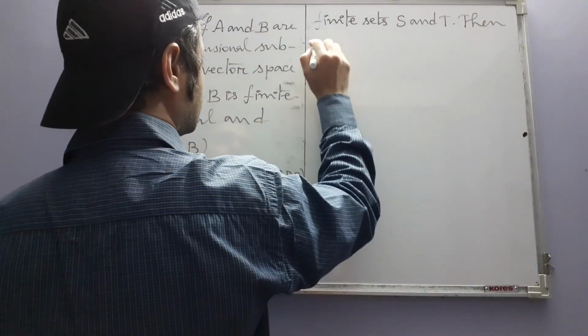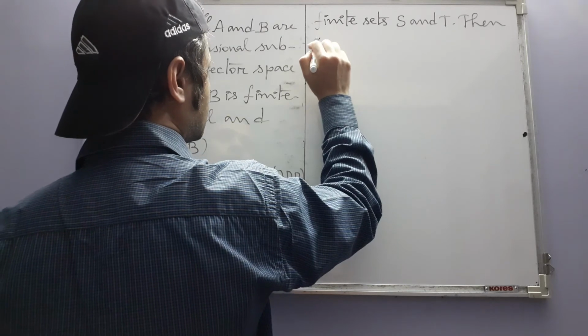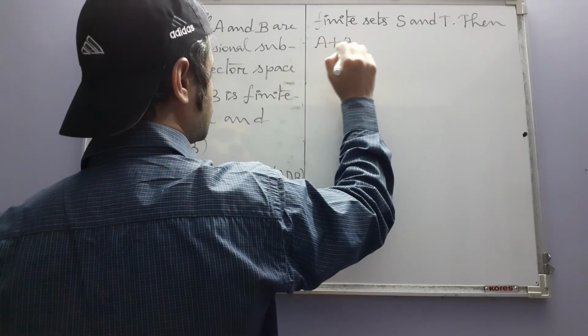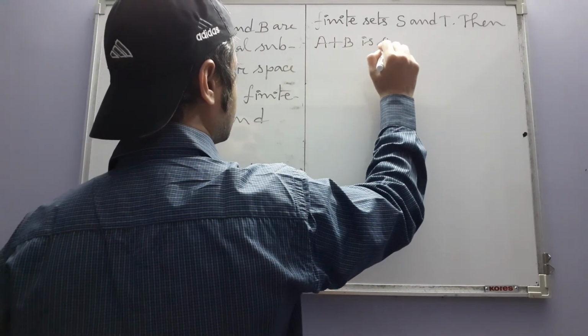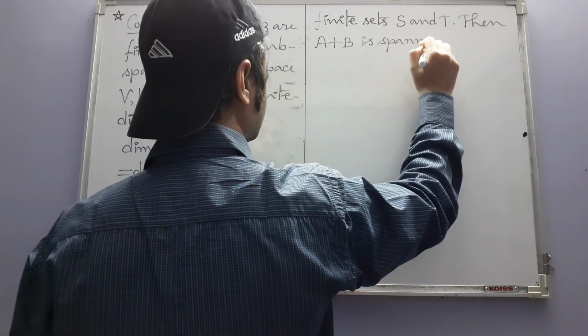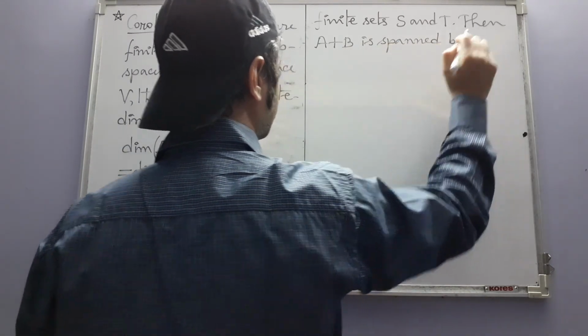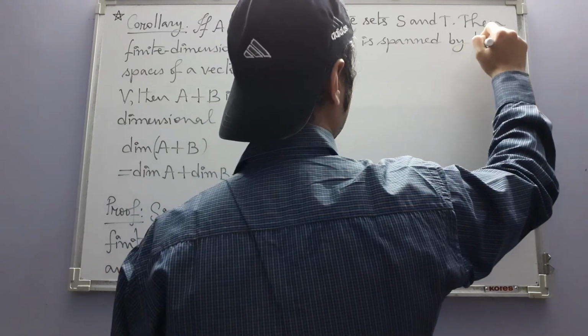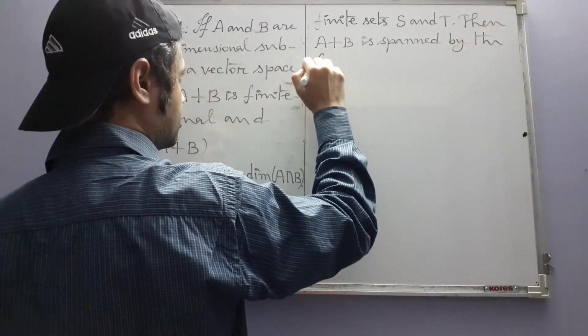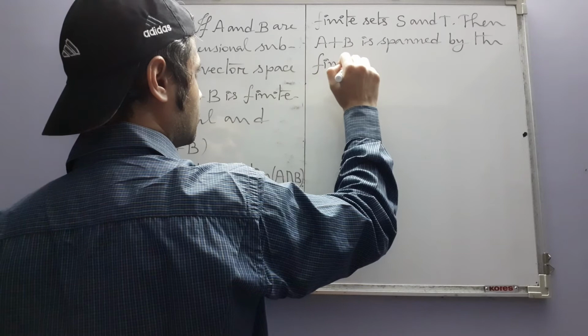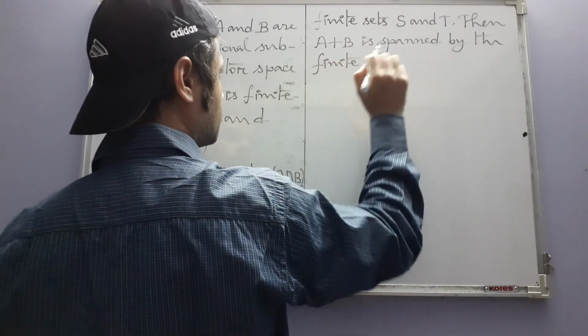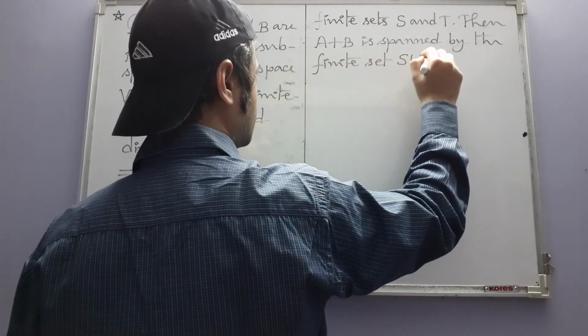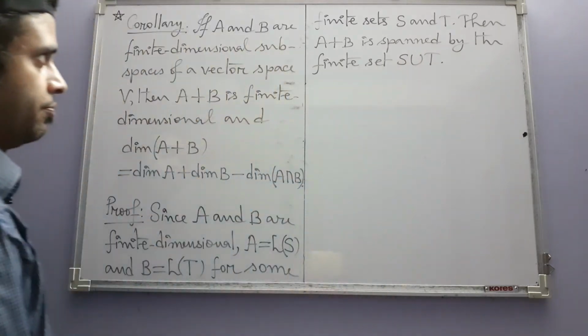Then A plus B is spanned by the finite set S union T. Why though?